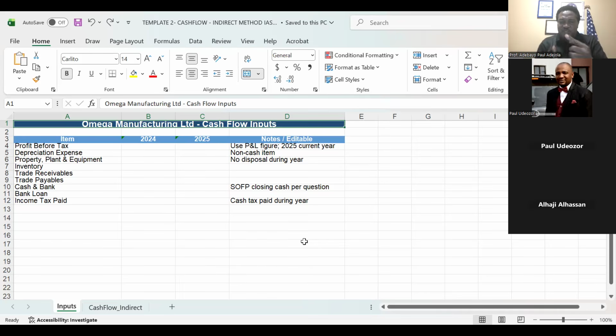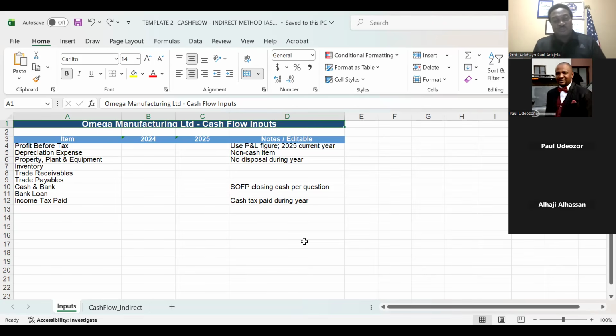So that when you find the difference, when there is an increase in current assets, that means an outflow. That means you have 500,000 worth of asset at the beginning of the year, and at the end of the year, it now increased to 1 million. That means you have paid for additional inventory if they are not stolen.